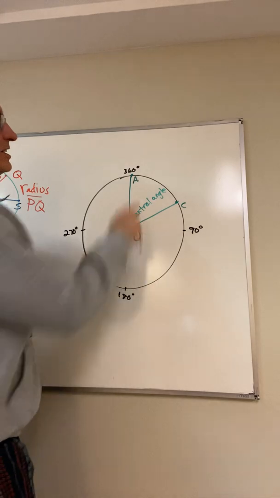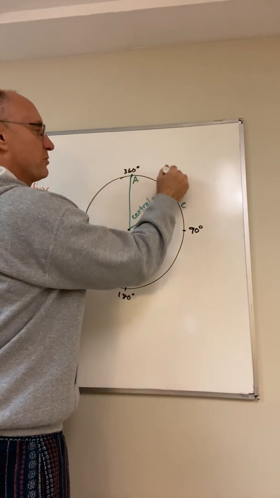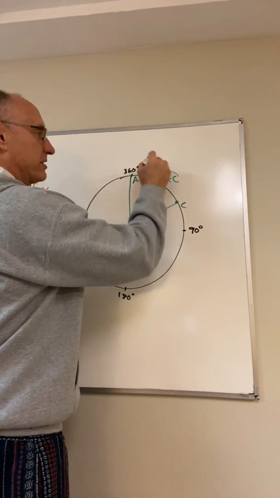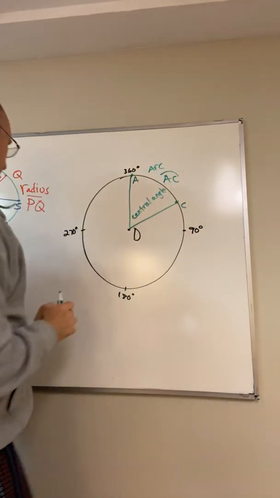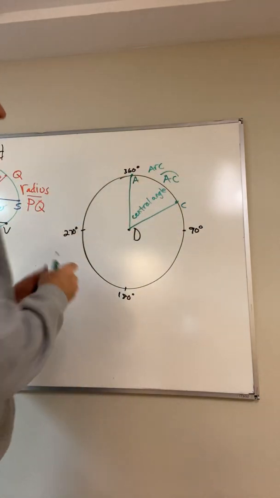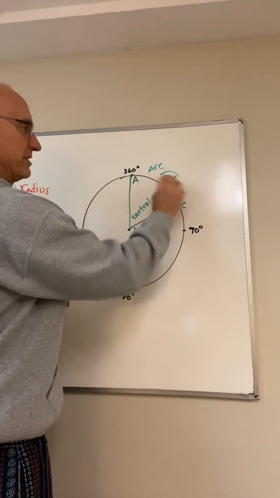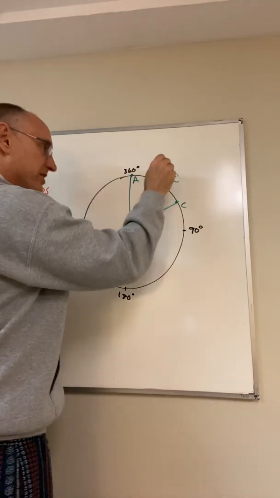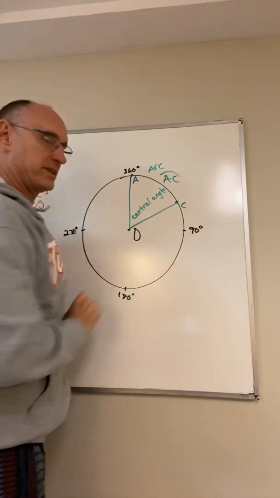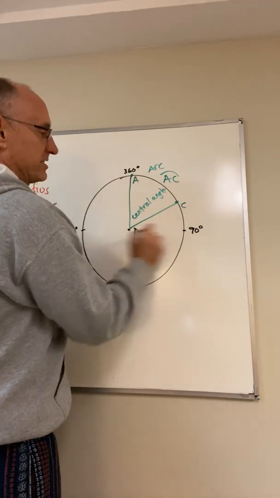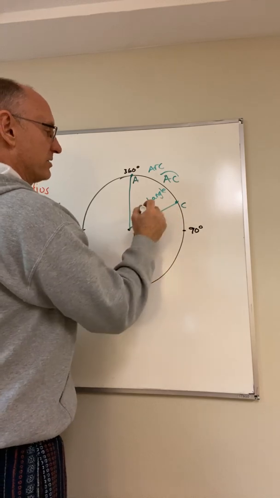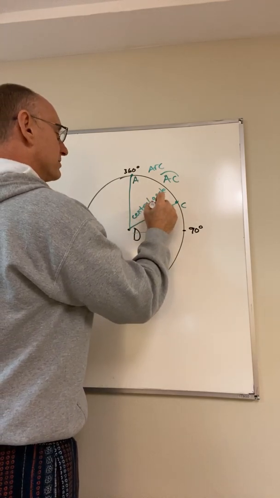From A to C is what we call an arc AC. Instead of a straight line, like a line segment, I do a curved hat, which means on the circle from point A to point C. If this is 90 degrees, that looks like it's about 65 degrees.